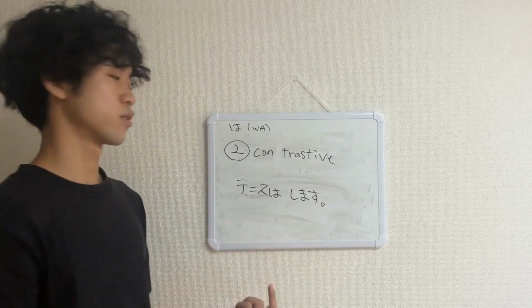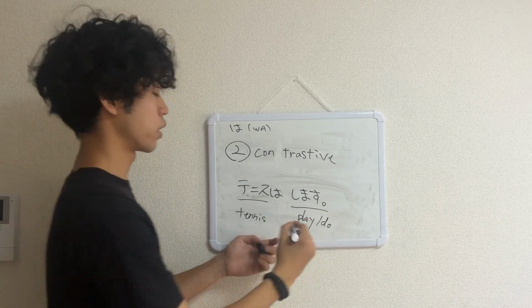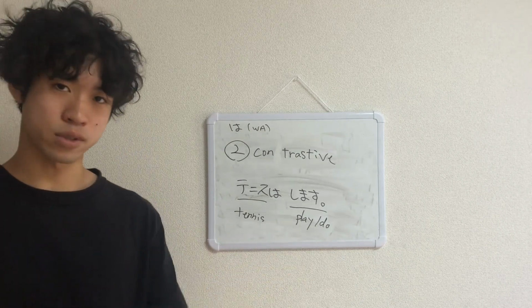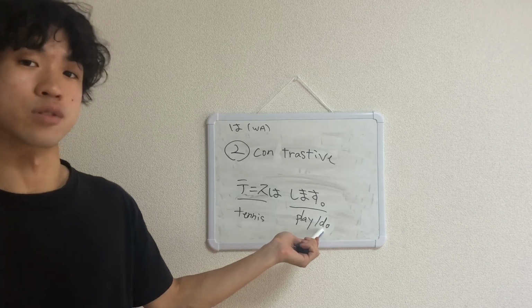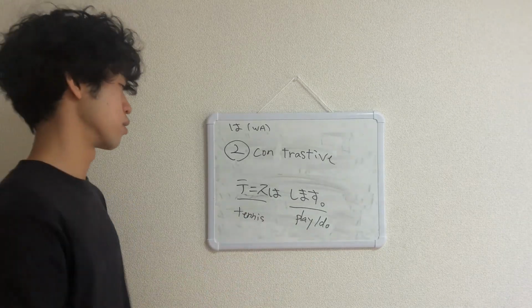I play tennis. Play, do. By the way, if you want to say play as sports, we use the same verb as do, which is します or する in the dictionary form. So what does this suggest? So like this is B again.